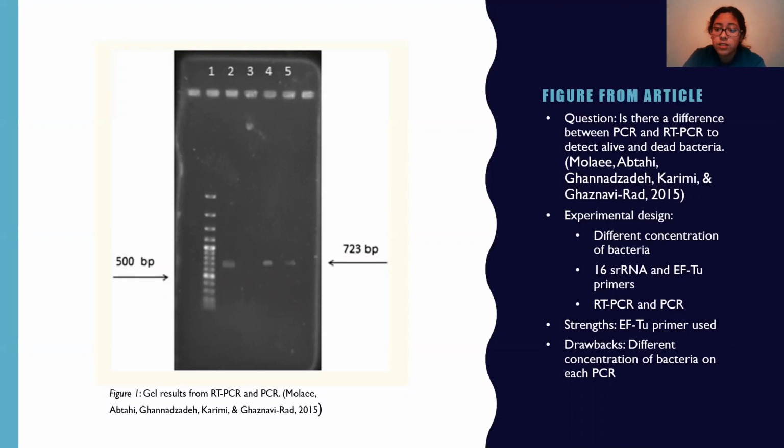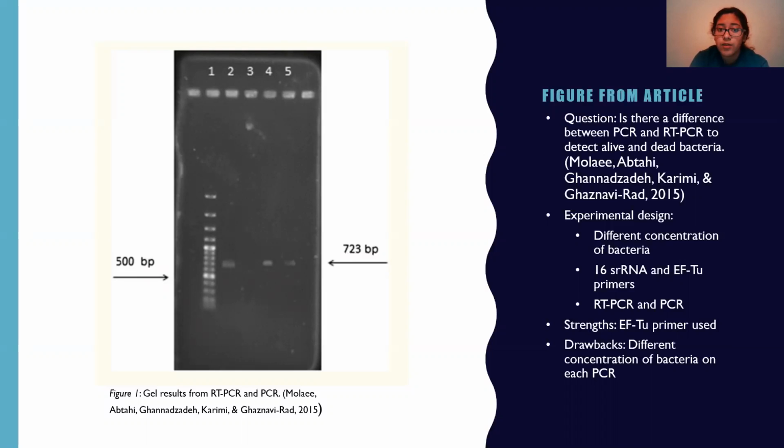The experimental design that was used was a different concentration of bacteria, 16S rRNA and EFTU primers, and they were also using RT-PCR and PCR. The bacteria that was being used was E. coli, and bacterial RNA was extracted and purified.